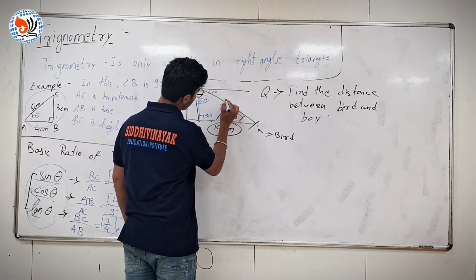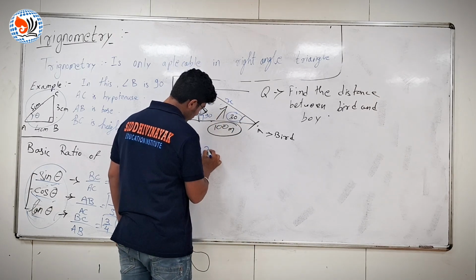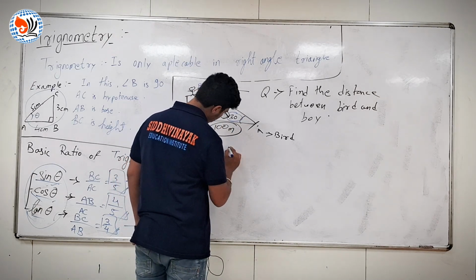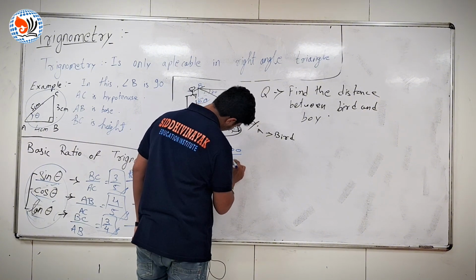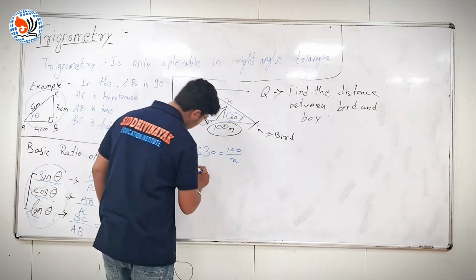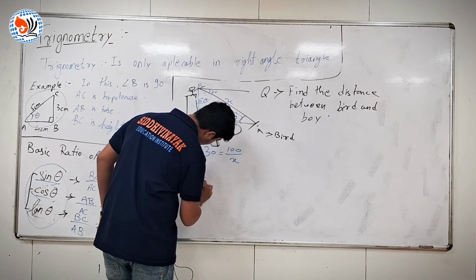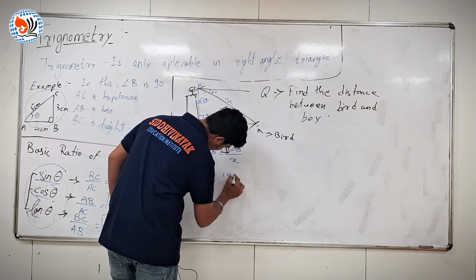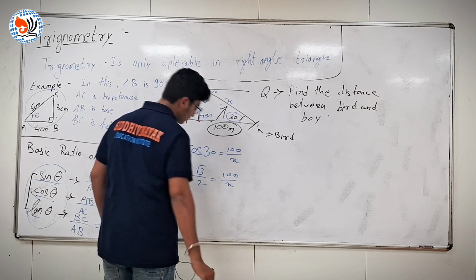Let me consider AB as x. So cos 30 is equal to 100 divided by x. The value of cos 30 is root 3 by 2, equal to 100 by x.